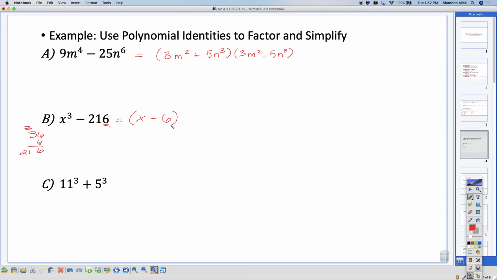Now I just have to find one rule. 36 is 6 squared.